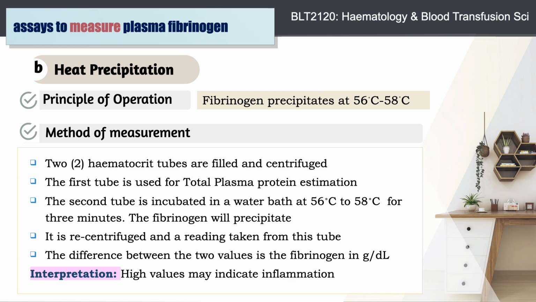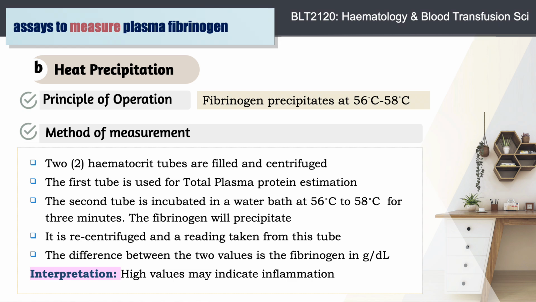Then the second hematocrit tube is incubated in a water bath at 56 to 58 degrees Celsius for 3 minutes. In this process, the fibrinogen will precipitate. The microhematocrit tube with the precipitated fibrinogen is recentrifuged and a reading taken from this tube.